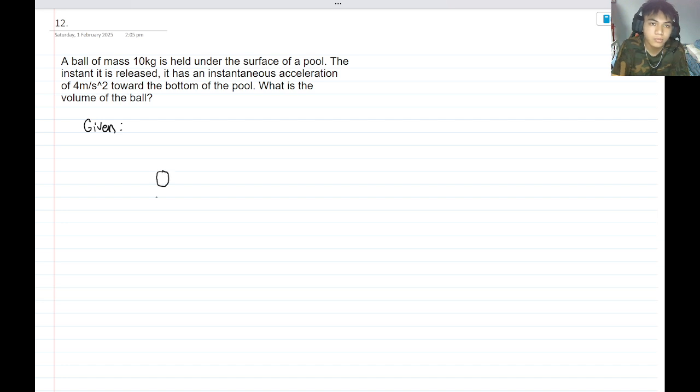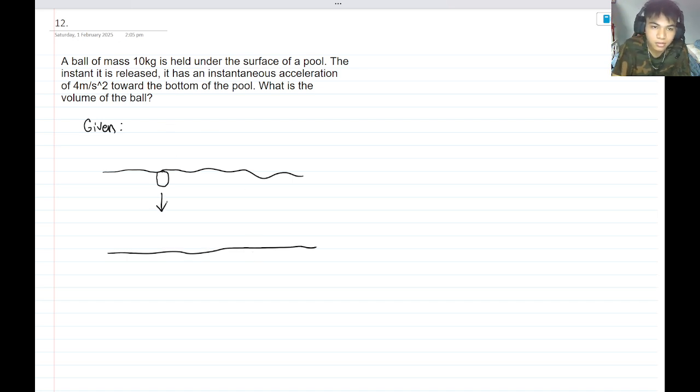So, let's say merong ball held under the surface of a pool. Tapos nandito yung ground. The instant it was released, so ito yung time span na to is instantaneous, meaning parang walang nag-elapse na time, but it moved since it was instant.